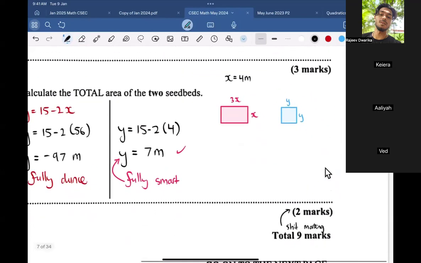So, to find my answer, this one will be 3x squared, and this one will be y squared. So we're going to say 3 by 4.02 squared plus 7 squared. You know what? I don't want to use the rounded off values. When you use rounded off values, you introduce error.